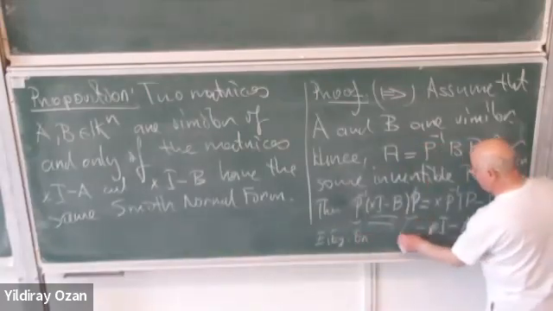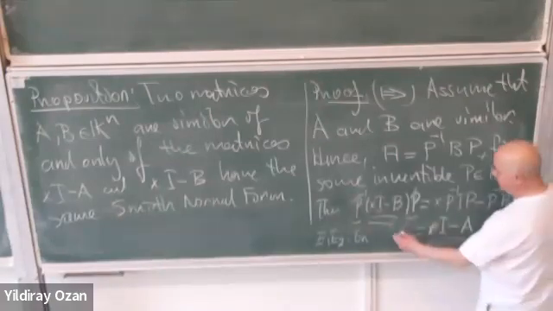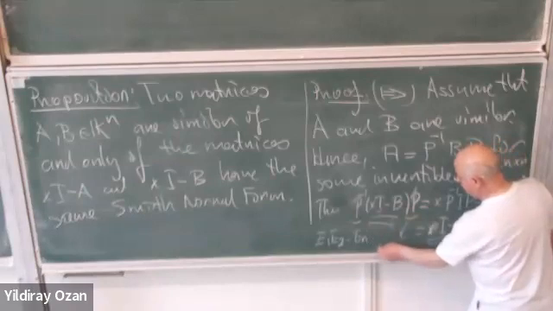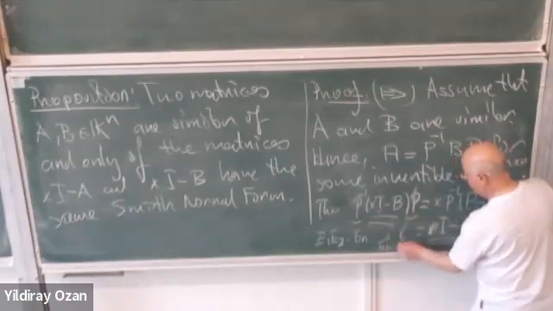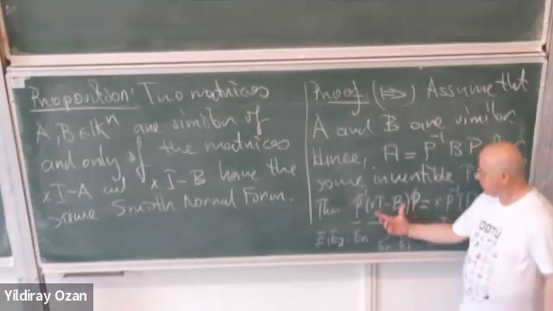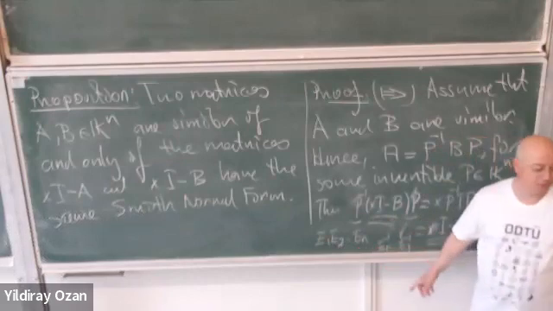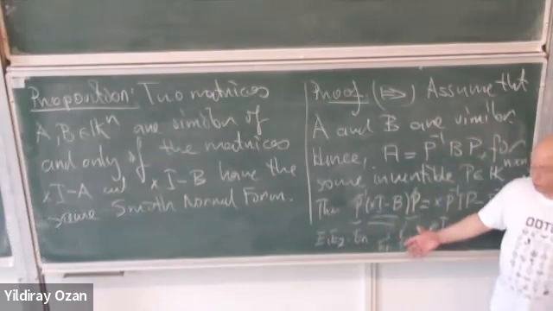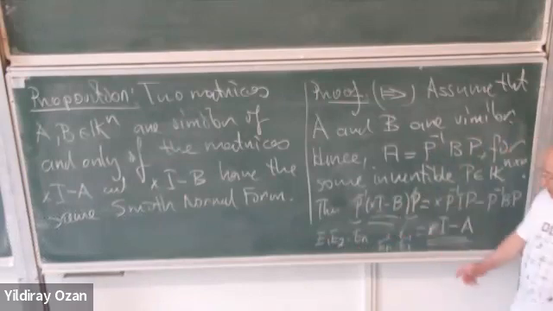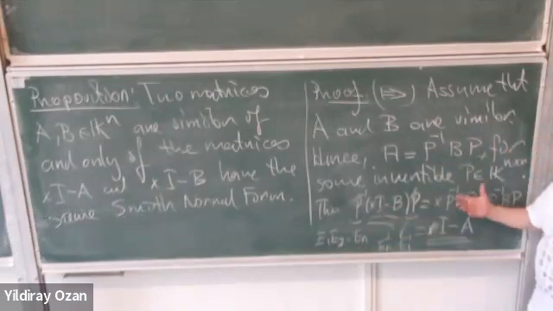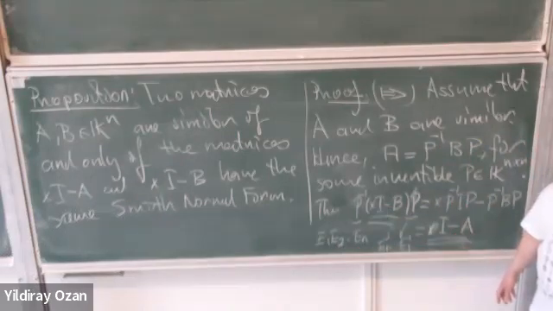And this is also a product of elementary matrices. And in this case, this is just the inverse of this guy. So it's just En inverse and so on, E1 inverse. These are also elementary matrices. You just multiply this guy by elementary matrices. Elementary matrices correspond to row and column operations. So you apply row and column operations to this, and you obtain this gadget. This means they have the same symmetric normal form.